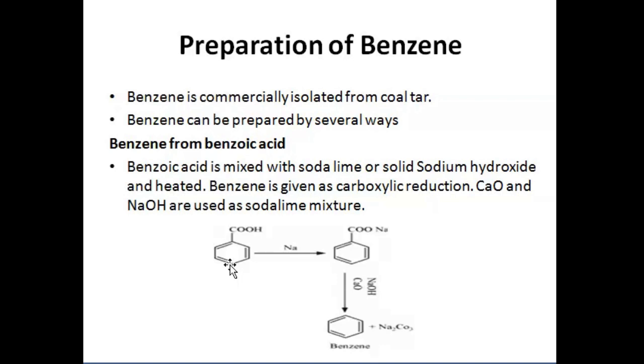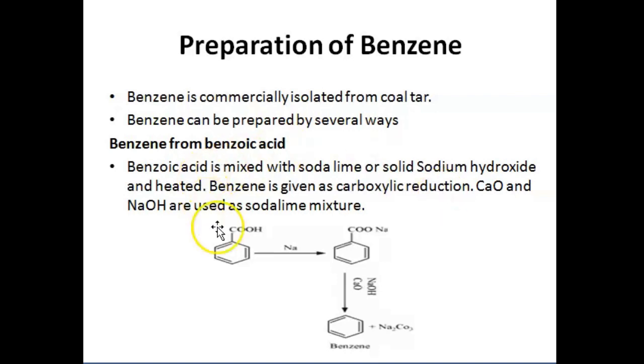So, benzene can be prepared from benzoic acid. That is, benzoic acid is mixed with soda lime or solid sodium hydroxide and heated. Then benzene is given by decarboxylation, and here soda lime is nothing but a mixture of calcium oxide and sodium hydroxide.